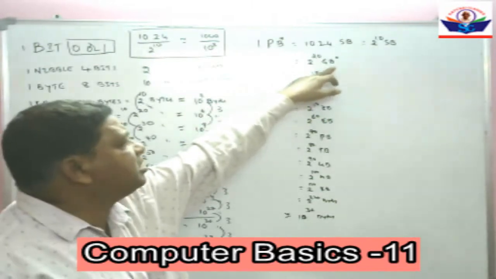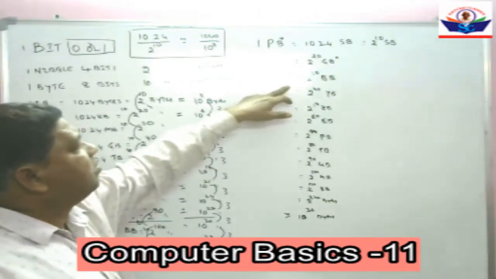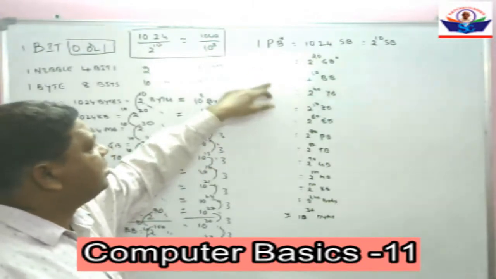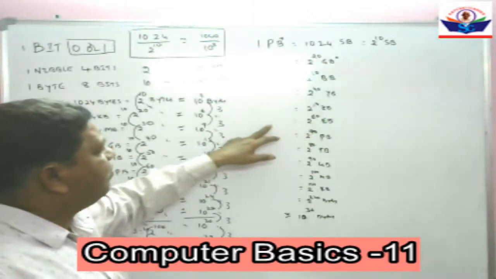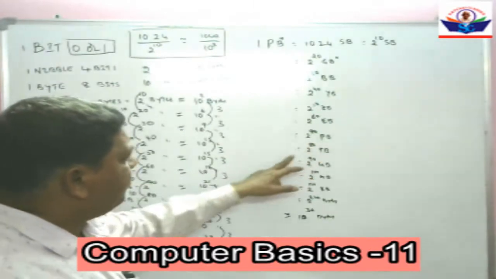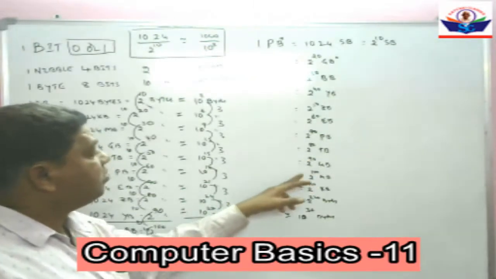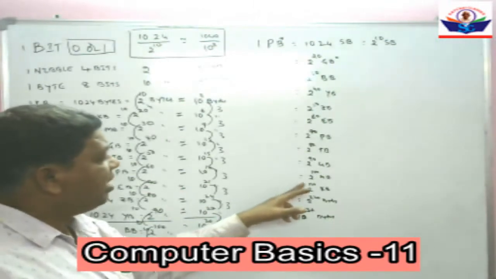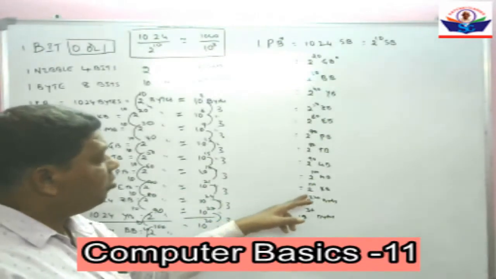That's why we are giving GB star. 1 PB is equal to 2 to the power of 30 petabyte, 2 to the power of 40 petabyte, 2 to the power of 50 petabyte, 2 to the power of 60 exabyte. 1 PB is equal to 2 to the power of 80 terabyte. 1 PB is equal to 2 to the power of 90 gigabyte. 1 PB is equal to the 100 megabyte. 1 PB is equal to the 110 kilobyte.